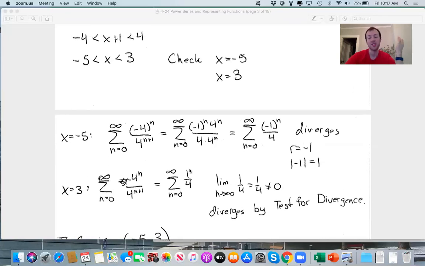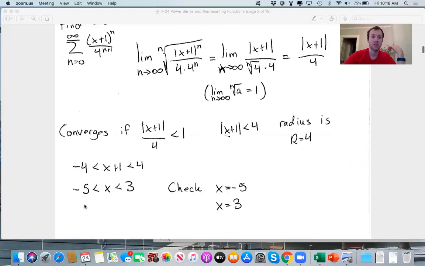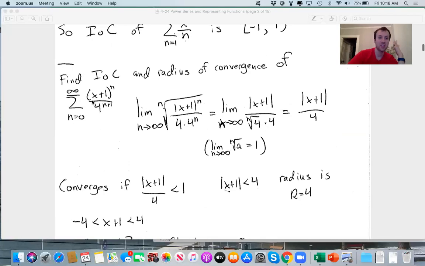In this case, there is another way we could have done this, which would help us by not needing to do these endpoints here. So another way of looking at this series, the root test definitely works, the ratio test also works.